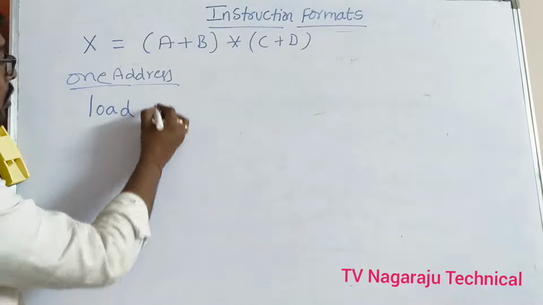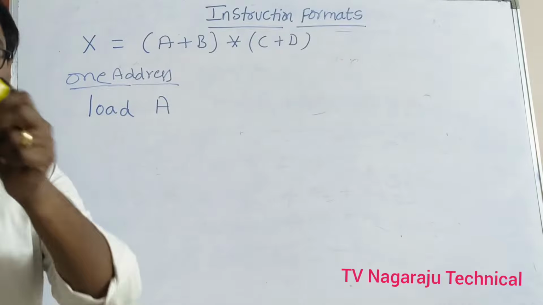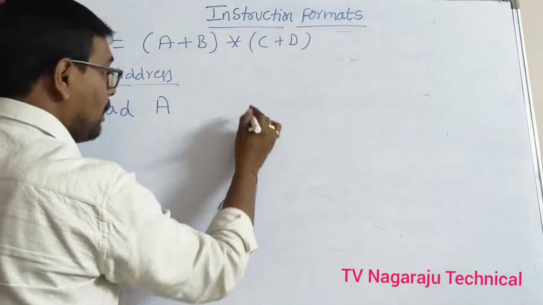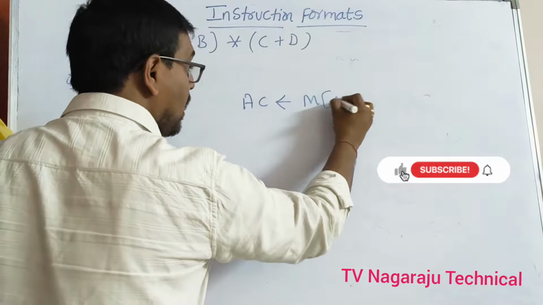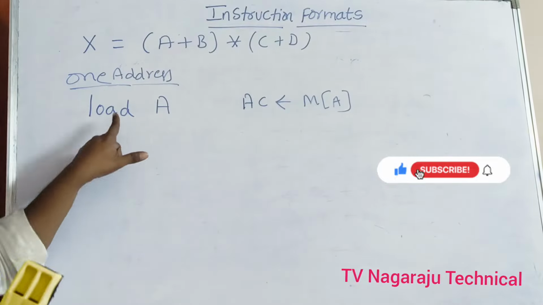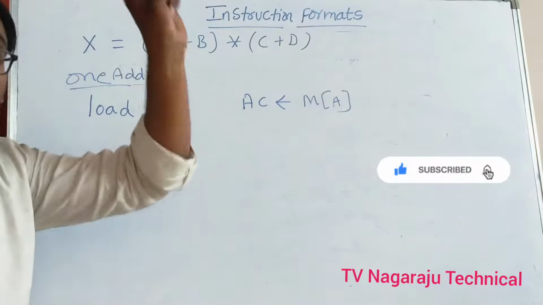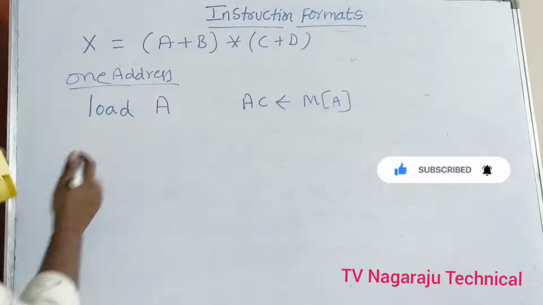That is the reason, with only one address, what you do is: first I write LOAD A. What is the meaning? By default it loads the content into the accumulator. So the meaning is AC ← M[A]. First, the single accumulator register uses only one address field. That is the concept.